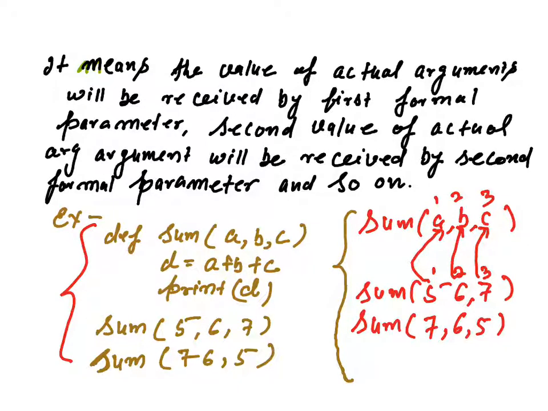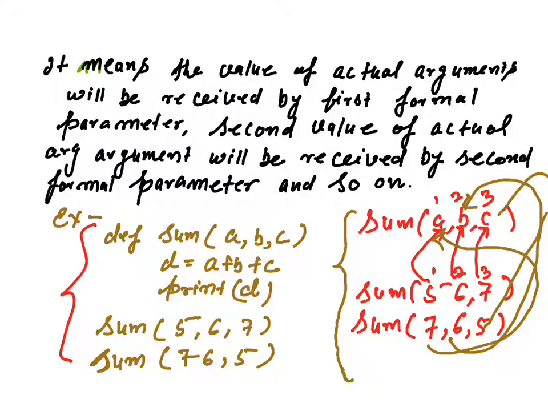Now this 7 will be received by A, this 6 will be received by B, and this 5 will be received by C. It means at which position this 7 is written, at the first position, this A is also at the first position. That's why the formal argument A will receive the value 7.